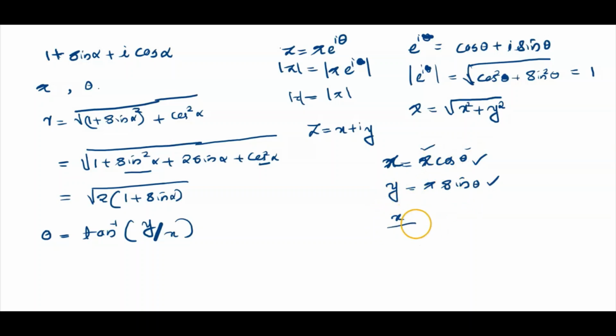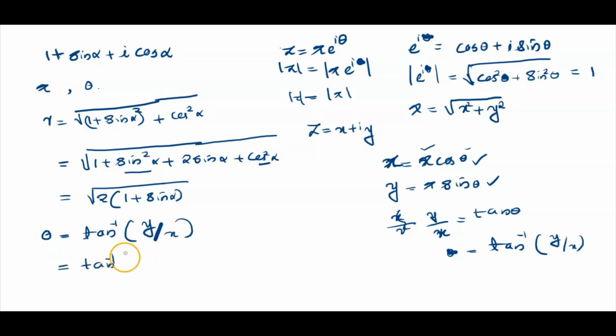Now y by x we get tan theta. So the angle theta is tan inverse y by x. Here y is the imaginary part cos alpha and x is the real part 1 plus sin alpha. So this is the angle.